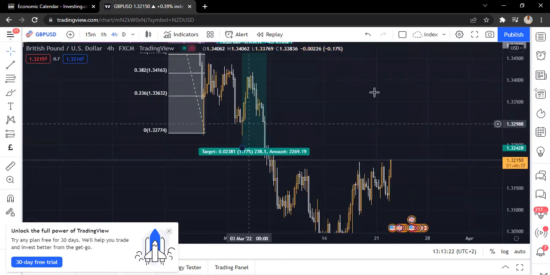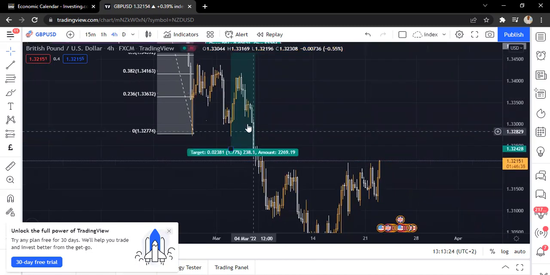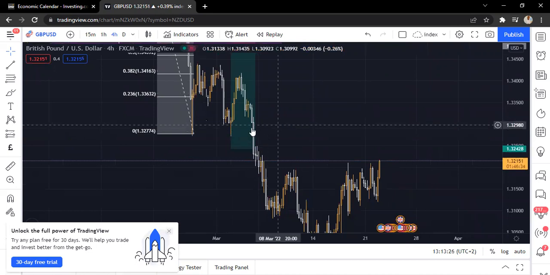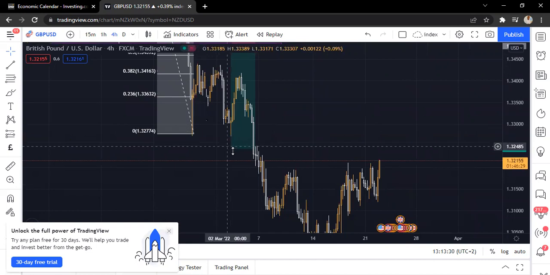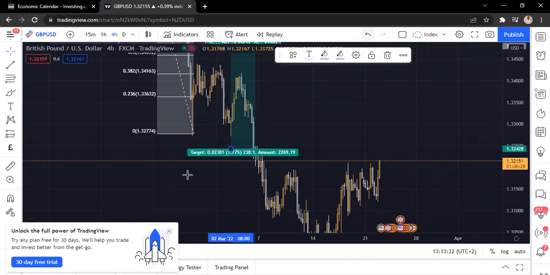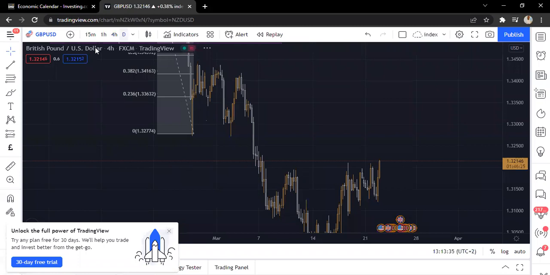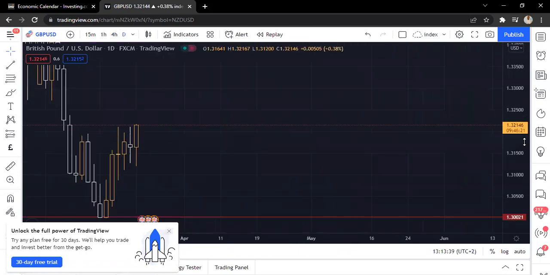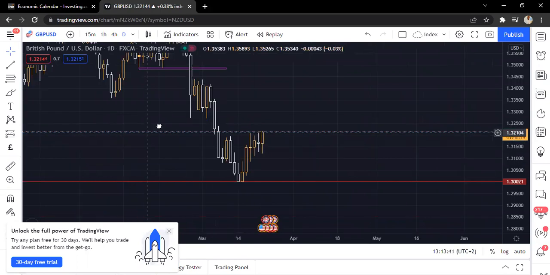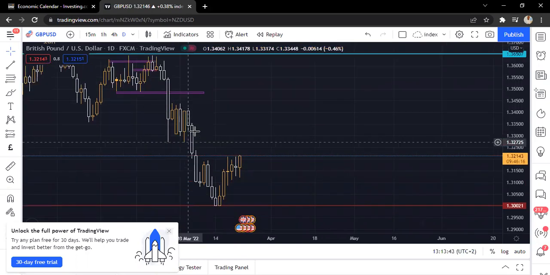I think before going to this most important level here, which I spoke about in the last couple of sessions or last couple of weeks, we need to go to a daily time frame first. I believe there is a very important area here on this market. So we mark it, right?